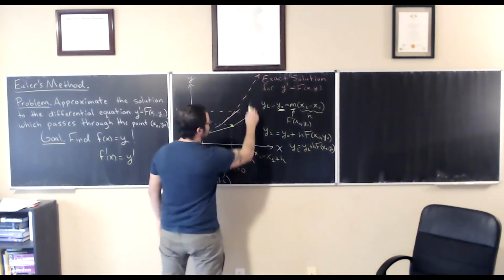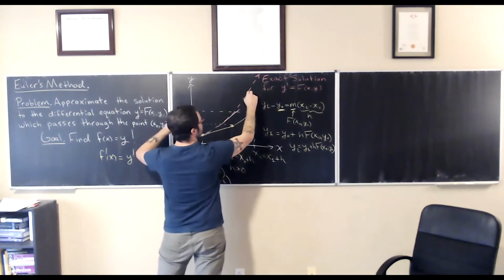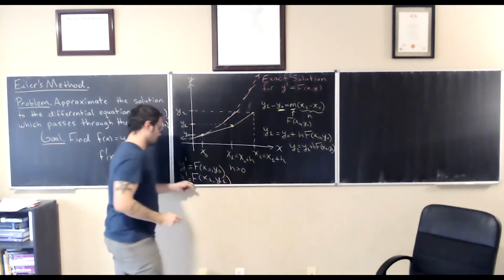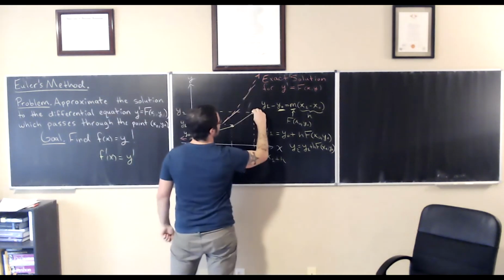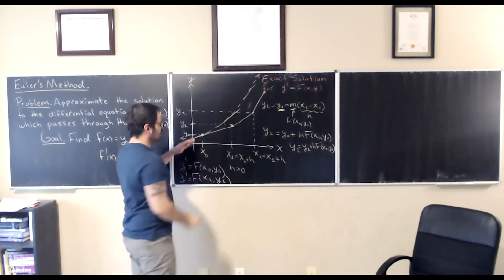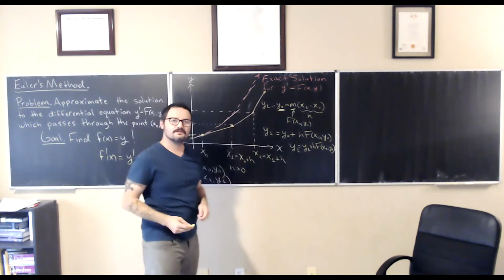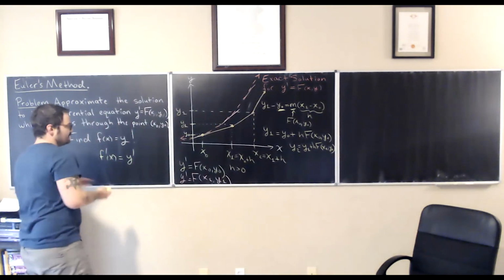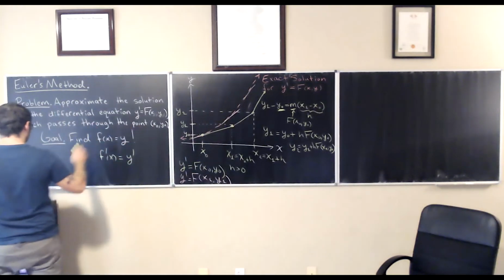And then again, we know the slope of the tangent line at x2, y2. It's like that, because each time we can evaluate this function to get the slope. So it's a little bit steeper now. And we keep on going, and look at what's happening with the yellow lines here. This here is an approximate solution to this problem.